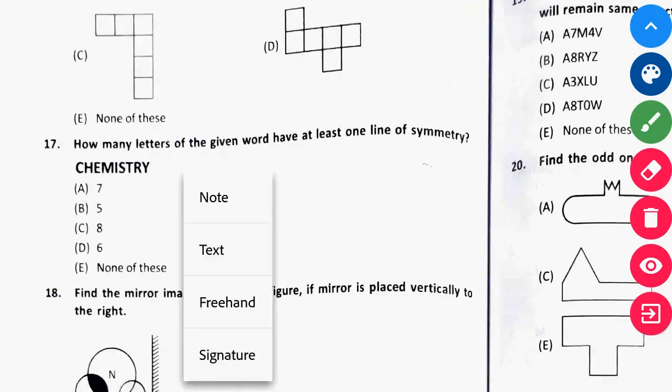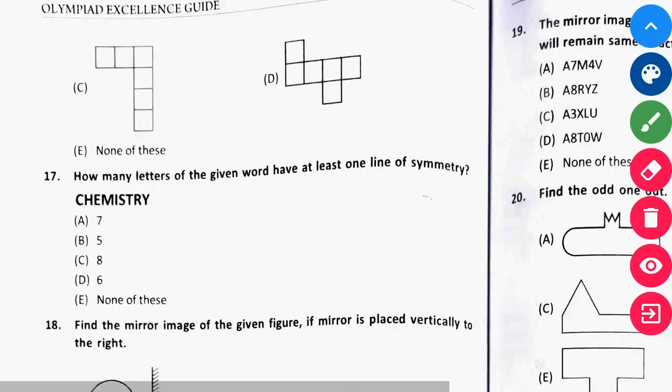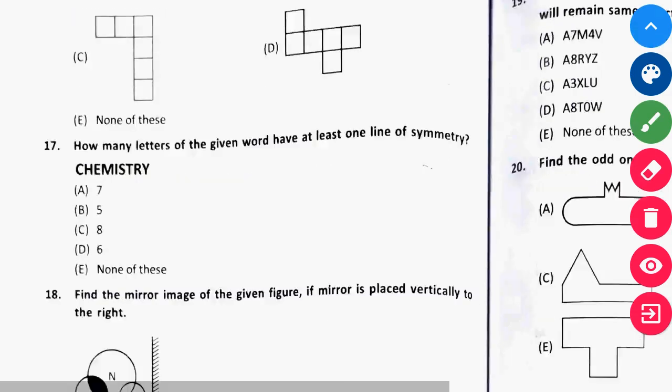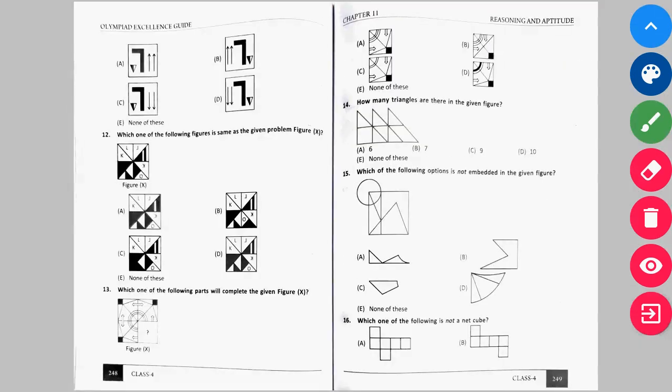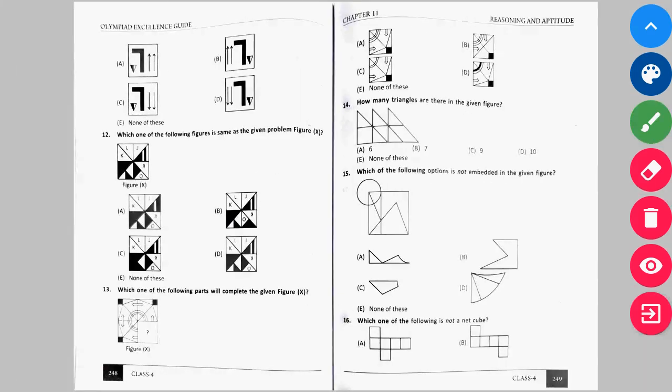This kind of question is there in the practice exercise also.